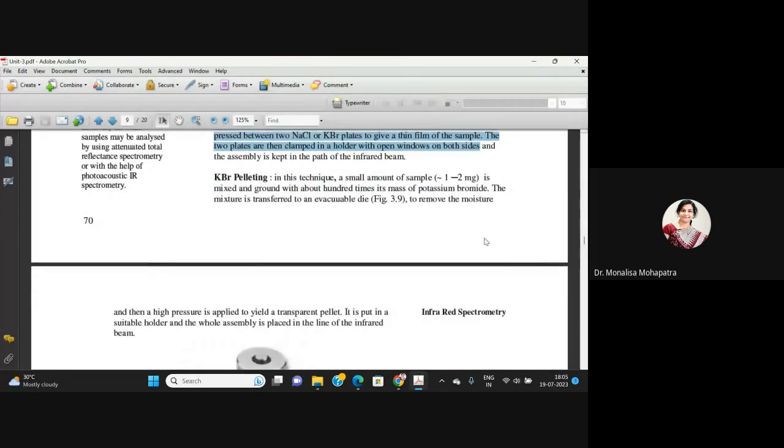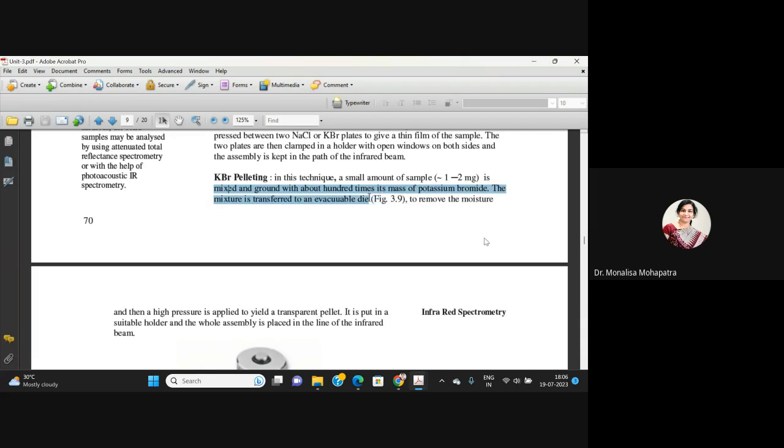Then KBr pelleting, how do you do KBr pelleting? In this technique, a small amount of sample, that is about 2 milligram, is mixed and ground with about 100 times its mass of potassium bromide. It has to be very, very finely divided.